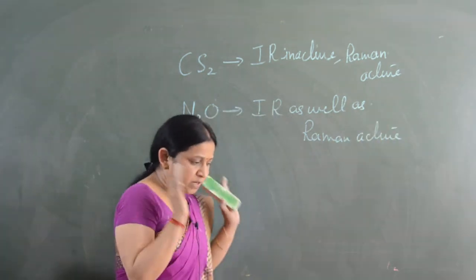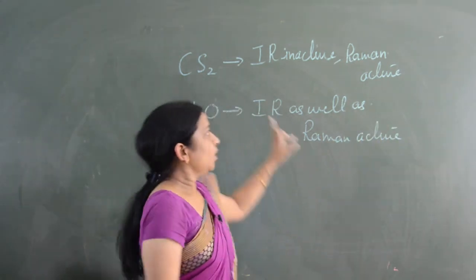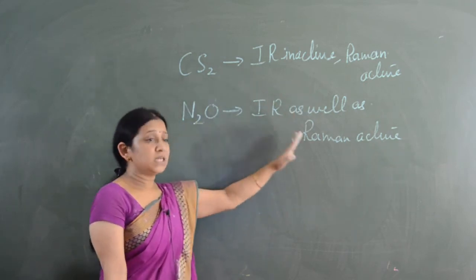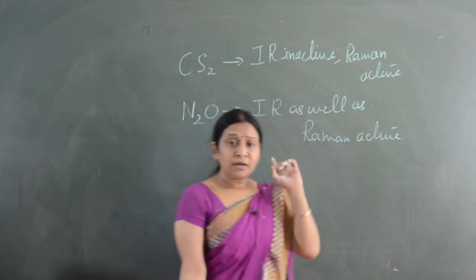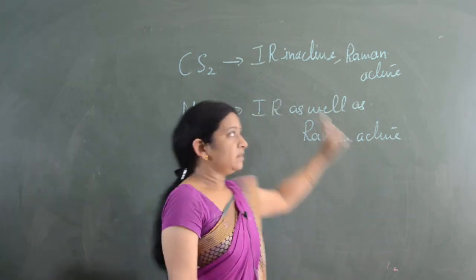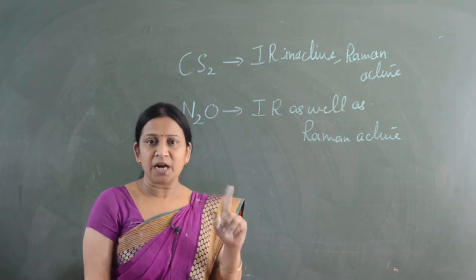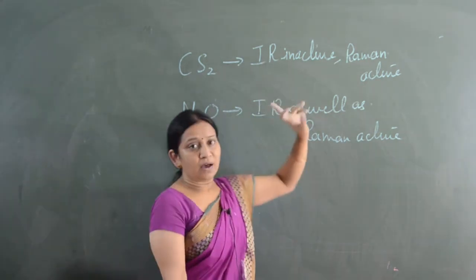By this piece of information, I can conclude straight that the first molecule is having a center of symmetry, and because it is having a center of symmetry, it is IR inactive.